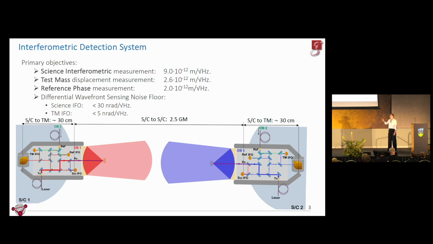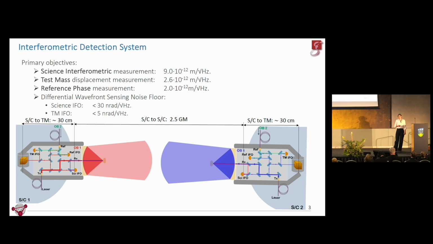Our primary requirement is to measure those three interferometers with a precision of 9 picometers per root hertz in the science interferometer, 2.6 picometers per root hertz in the test mass interferometer, and 2 picometers per root hertz for the reference interferometer.